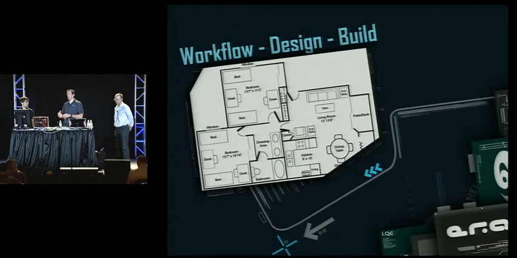Stuart's going to be covering design, and Jonathan is going to be covering build. But the whole idea is that, again, using the analogy of building a house, workflow is really the foundation, the layout, the floor plan of your application. And it's really critical to address that first, establishing what it is that the people who are owning this house are going to need. What sort of room layout is most appropriate for them? How are they going to navigate through their house?